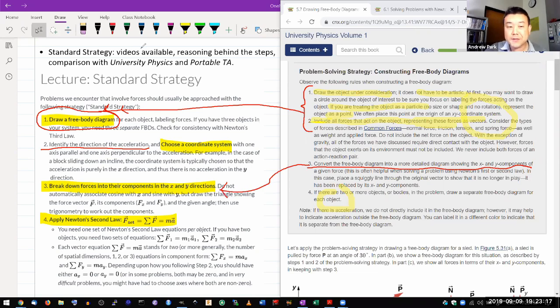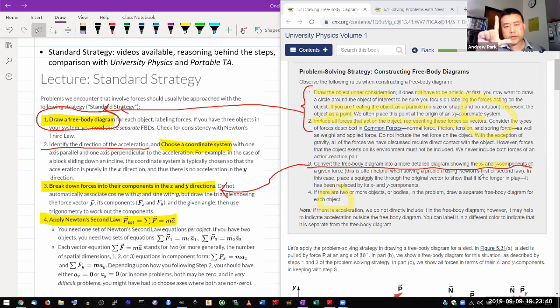Now, here's something that the textbook presumes that you have. X and Y components. You can't really talk about components until you have the axis. Now, if you're always dealing with a straight axis, then it's obvious what the X and Y directions are.